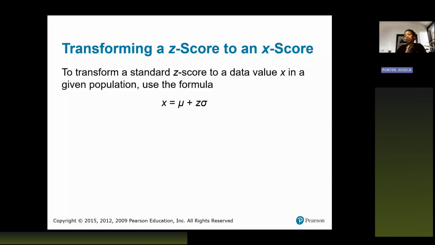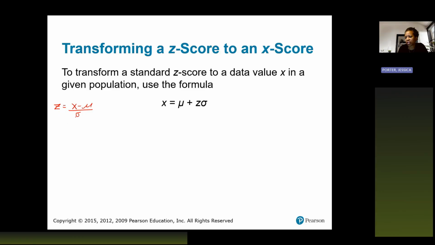All right. And then we can transform a z-score into an x score. And how do we do that? We're going to use this formula: x equals the mean plus z times the standard deviation. And remember, we came from this, z equals x minus mu divided by the standard deviation.